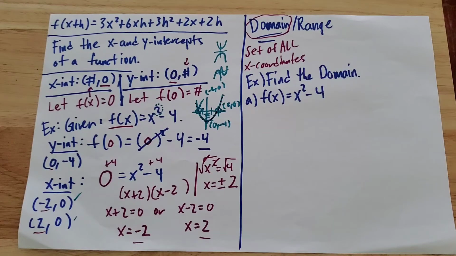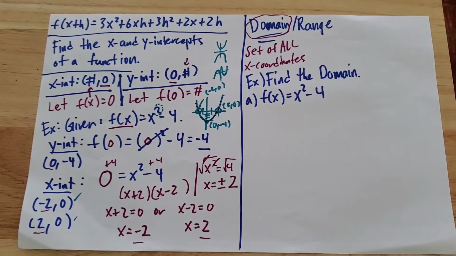The idea is you want to see, is there any x value? So now you have to look at the entire x-axis. It's like a number line. You have 0 in the center, positives on the right, negatives on the left, and a bunch of decimals in between, and they go on forever.